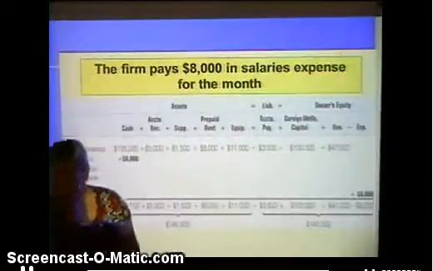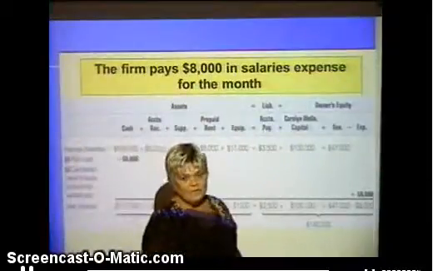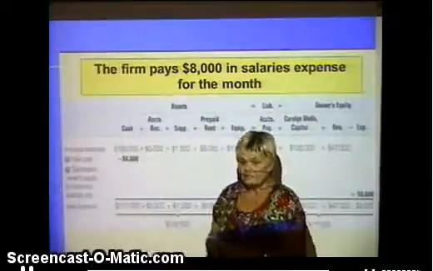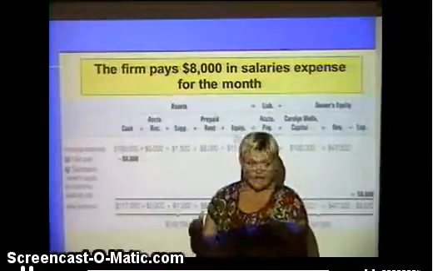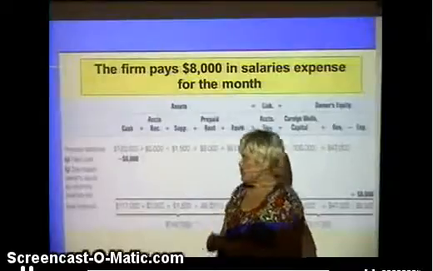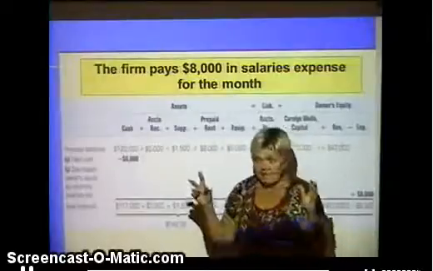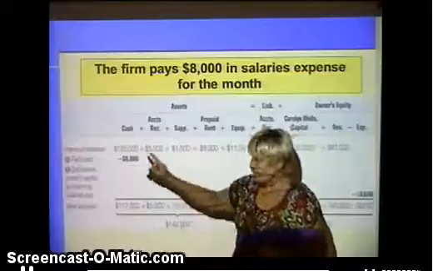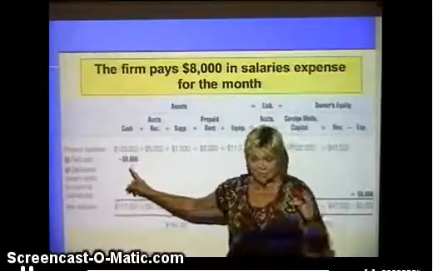We paid out salaries for the month, $8,000. Okay. So this is money going out to operate our business. Since it says pay, anytime it says pay, then you know you've got to take it out of cash, right? That's one part.